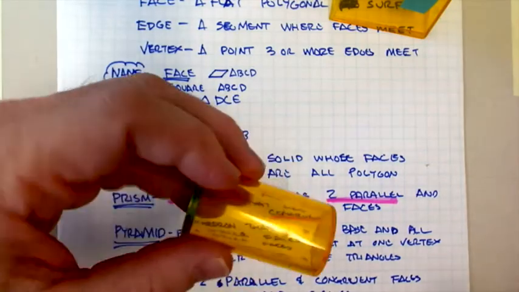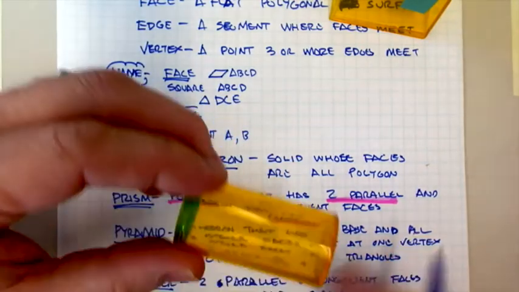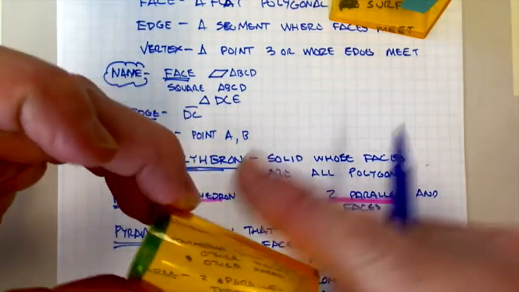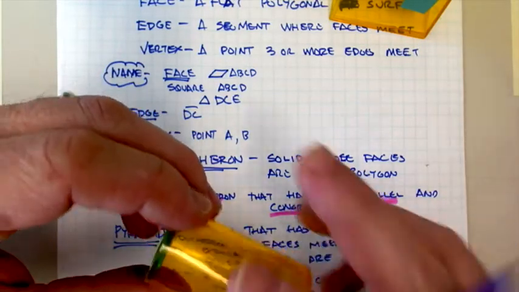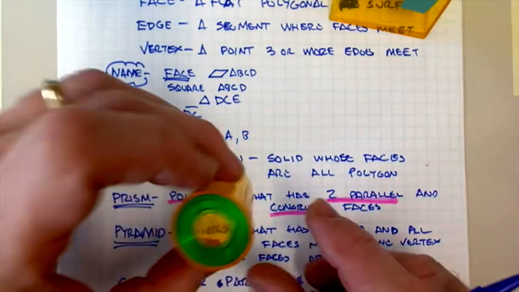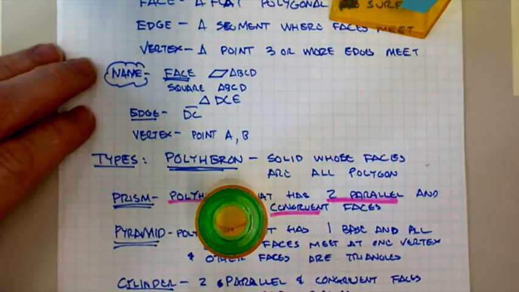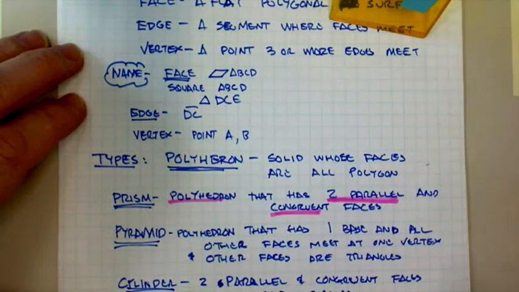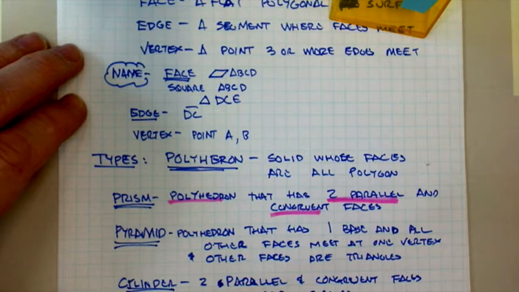Has the two parallel and congruent circles, and then the other surface is actually a rectangle that gets wrapped around each one of those circles. So we have a cylinder. And then we also have a cone.